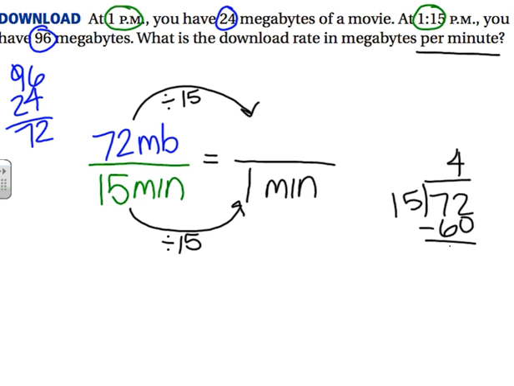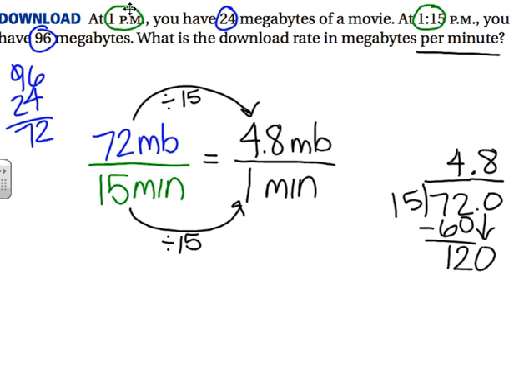Now I'm going to subtract to get 12. Okay, add a decimal point with a 0, decimal point above. Bring that down. And 15 goes into 120 8 times. So I get 4 and 8 tenths. So 4.8 megabytes per 1 minute. And that's my unit rate.